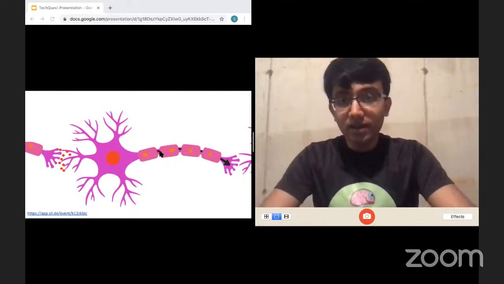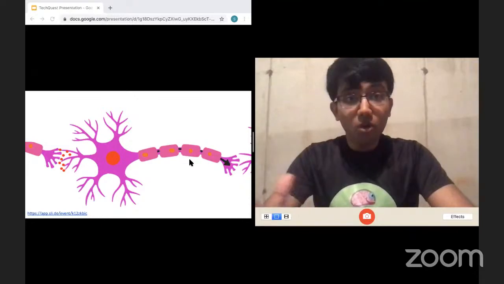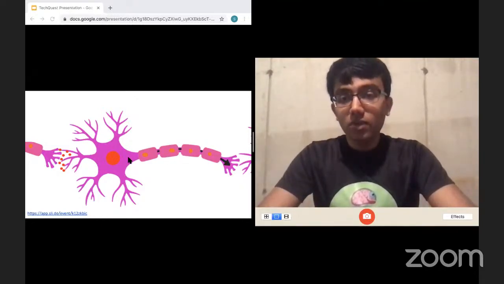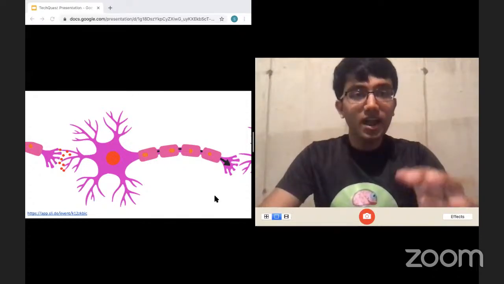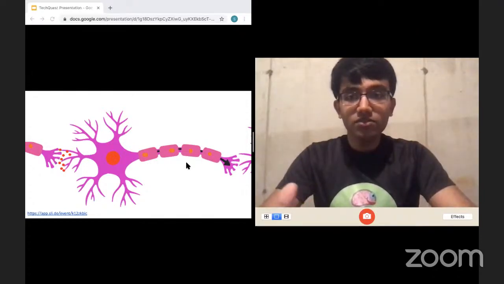But there are holes in between here, and those holes end up slowing down the signal. So an axon takes an electrical signal and rushes it through here. There's actually a condition called multiple sclerosis.